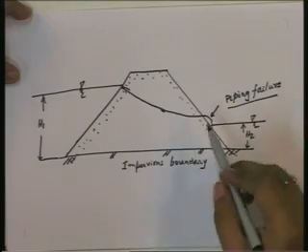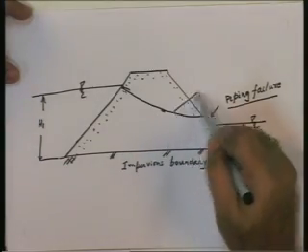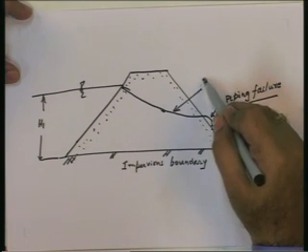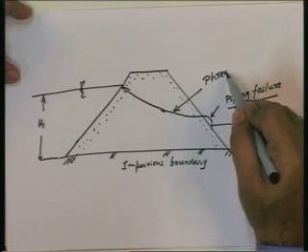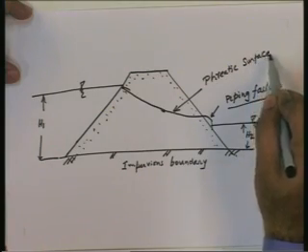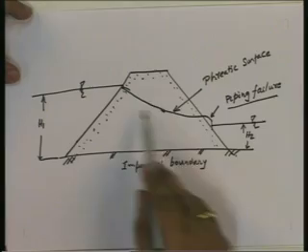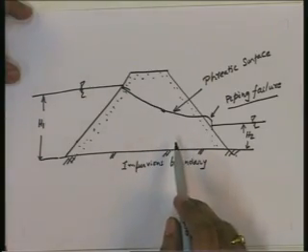So, in many situations it is required to keep this upper phreatic surface, this being the phreatic surface, within the earthen dam itself. For that, the measures generally adopted are a chimney drain, or some rock toe, or some rock filter at the toe of the dam.